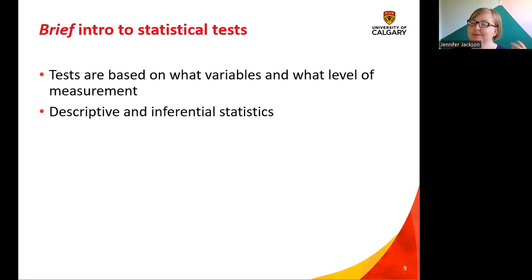So descriptive describes. A classic example of descriptive statistics, and this should be table 1 in every study you ever look at, whether it's quantitative or qualitative. Descriptive statistics describe what is happening. So you want to describe your sample. In this sample, the average age of nurses who participated was 45 years old.